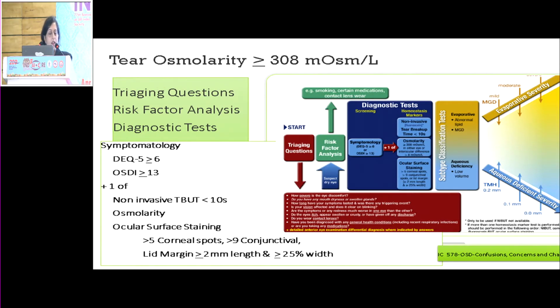You can do the osmolarity, and you can do ocular surface staining. In case a non-invasive TBUT is not available, you can do the fluorescein test, but that is recommended to go in sequence after the osmolarity. So if you are going to use fluorescein to do the TBUT and you want to do an osmolarity as well, you will do the osmolarity first.